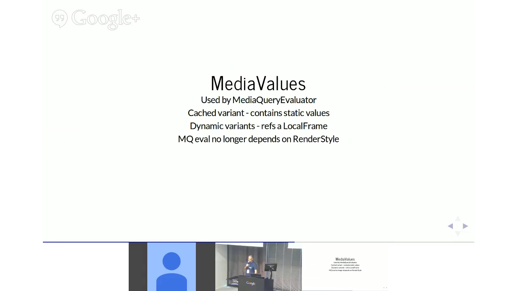And one of the good surprises is that I was able to rid the media query evaluator of render style dependency, and was able to get rid of style recalc, doing that accidentally, but it's a good surprise. And it also implements a thread-safe CSS length computation.